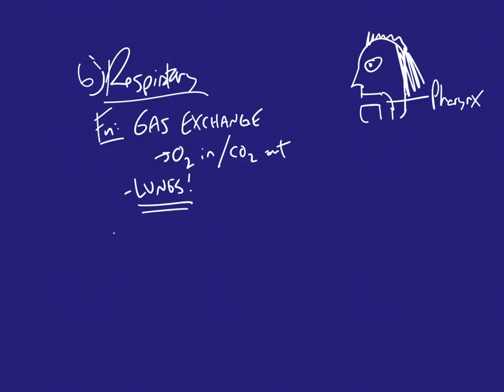Right now, really, this is all about diffusion, right? Diffusion of oxygen, diffusion of carbon dioxide across those cell membranes in your lungs. Right? And this requires a damp surface, which is why your lungs are internal. You've got to keep those moist at all times in order for gas exchange to occur across them.